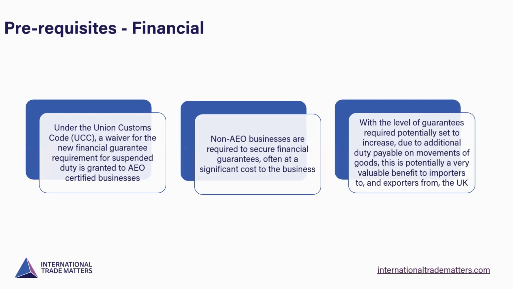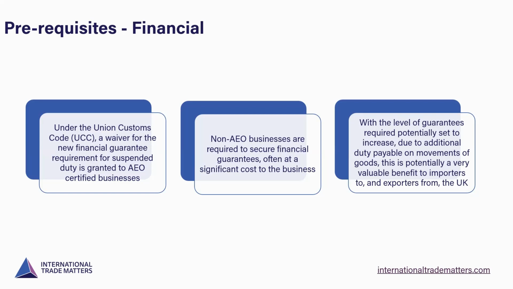Under the Union Customs Code, a waiver for the new financial guarantee requirements for suspended duty is granted to AEO certified businesses. That's in Europe. In the UK, if you achieve AEO, the same waiver for financial guarantees is available to us here in the UK.